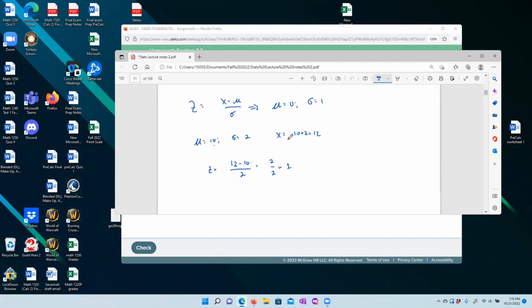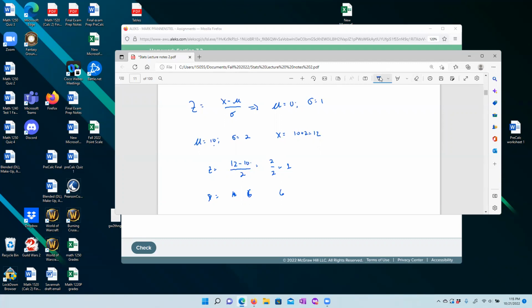How about we go lower? What if my x value is 8? That's 2 standard deviations below the mean. Let's go down one more. Why don't we go with x equals 6?